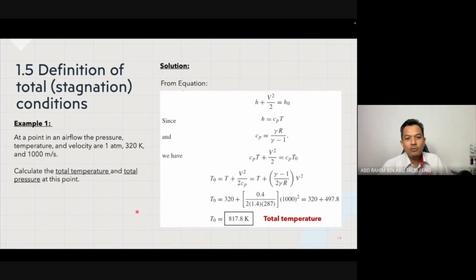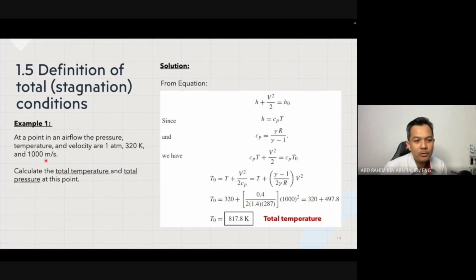Let us look into a simple example. This example is taken from the Anderson book, so you can also look into the explanation there. The example: at a point in an airflow, the pressure, temperature, and velocity, P, capital T, and V, are 1 atmosphere, 320 Kelvin, and a velocity of 1000 meters per second.